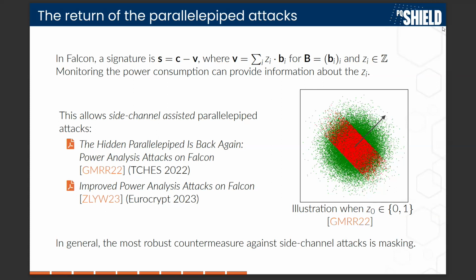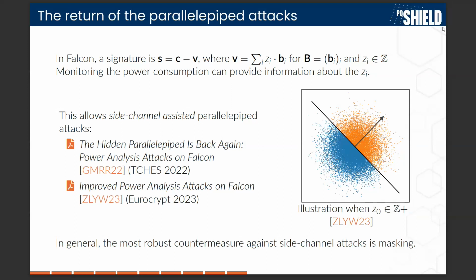From Teaches last year, power analysis allowed you to detect when, for example, the first coefficient Z0 here is a 0 or a 1, and that tells you that the vector V lies in some kind of band, and that gives you information about B0.